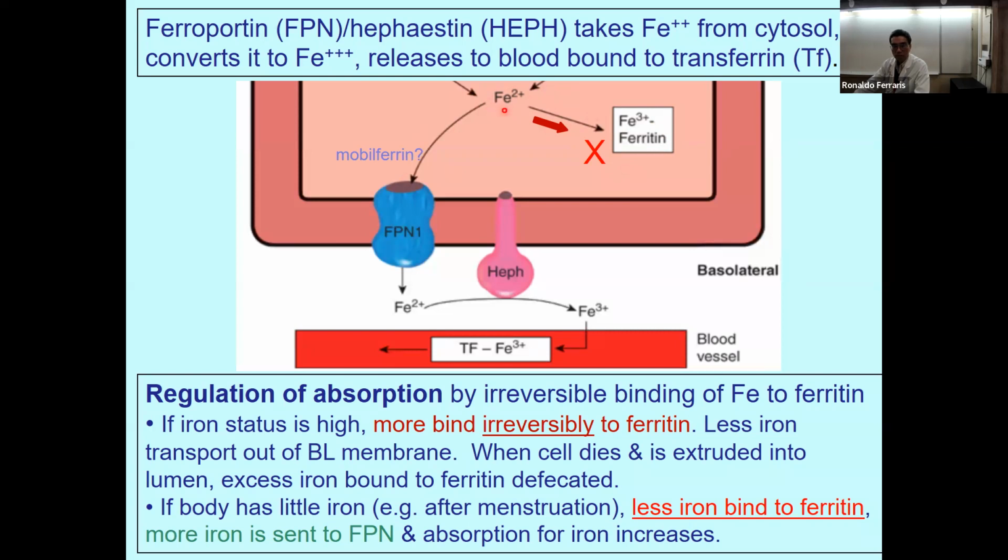And so less iron goes here and more iron goes this way. And therefore, it's recognized by FPN, or ferroportin. Ferroportin then takes this divalent iron and brings it into the extracellular fluid.